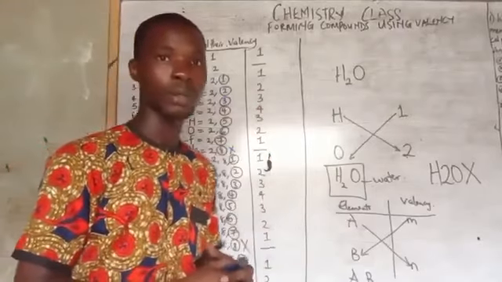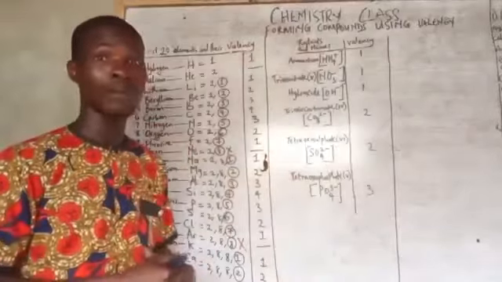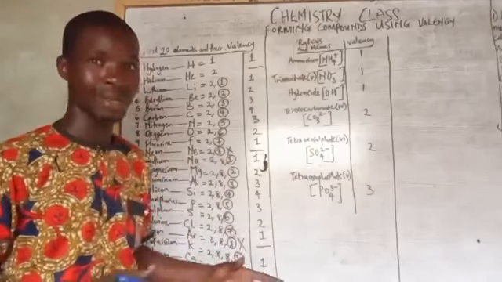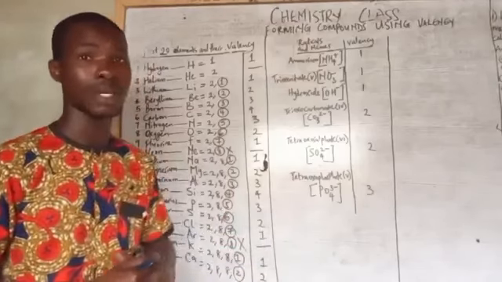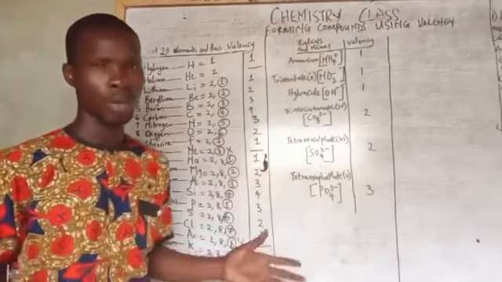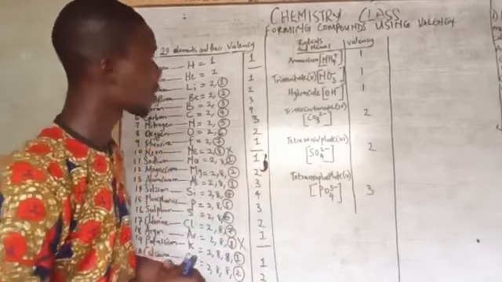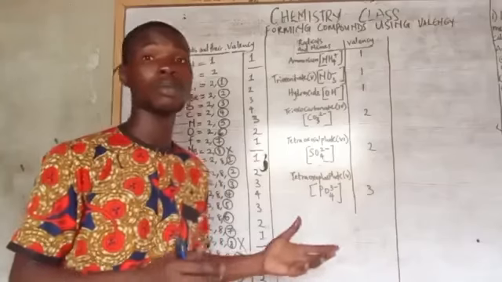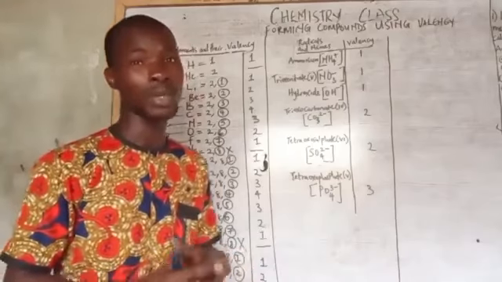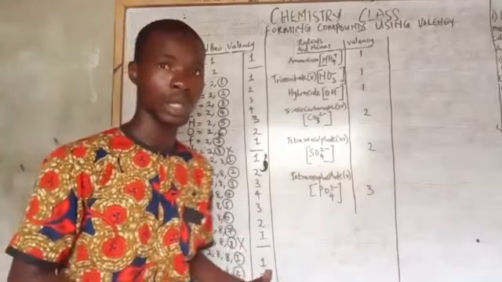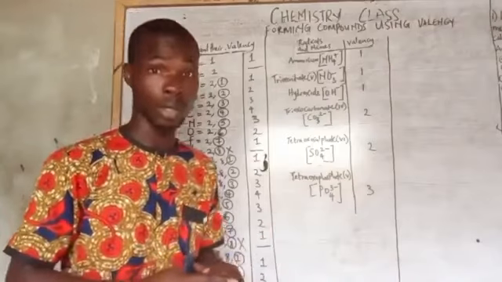So we are going to be seeing more examples on how to use valency to make the formula of a given compound. We can determine the valency of radicals just like we determine the valency of elements. What do we mean by radicals? Radicals are 2 or more elements with either a positive charge or a negative charge. They are usually known as ions.